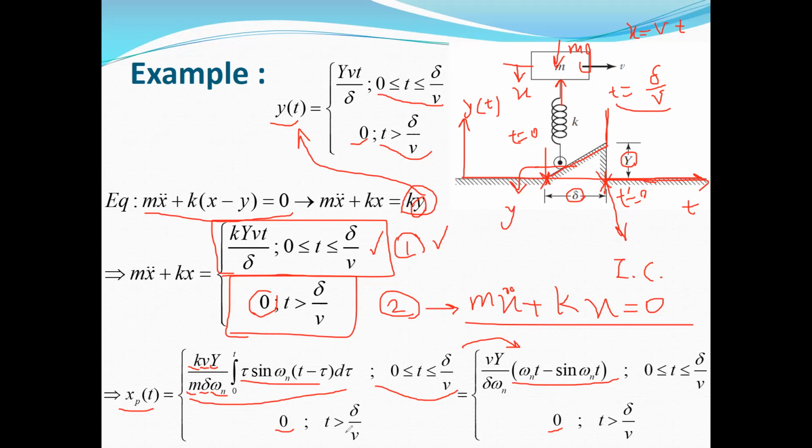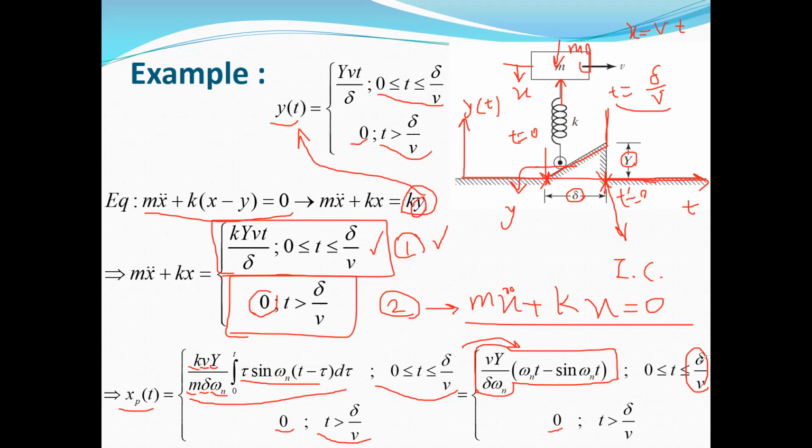But after that, for this period of time, when t is more than delta divided by v, we can use this response to obtain the initial conditions. I mean, we know that x of t is equal to this term. So at t is equal to delta divided by v, we need to substitute here instead of t.